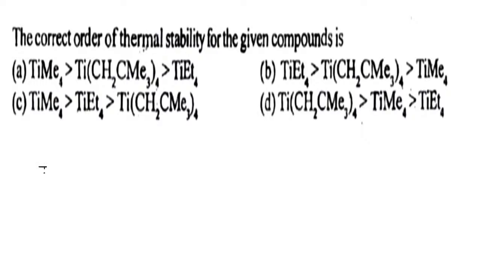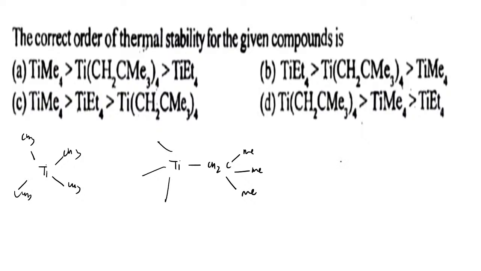See, this is titanium, CH3. Now you can see that in this complex we have beta hydrogens.